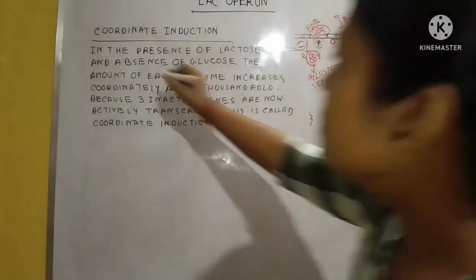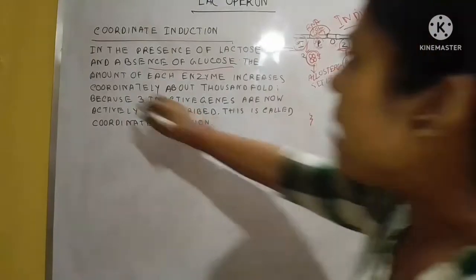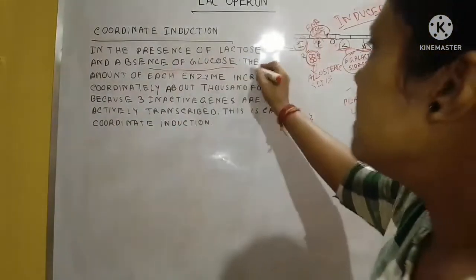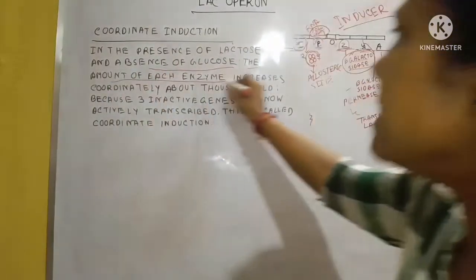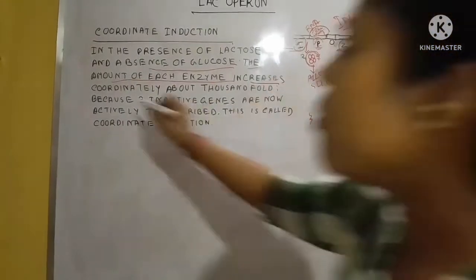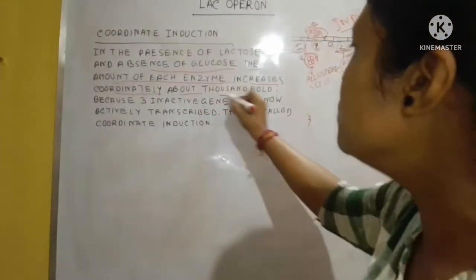So what happened actually here? The amount of each enzyme increases coordinately about 1000-fold.